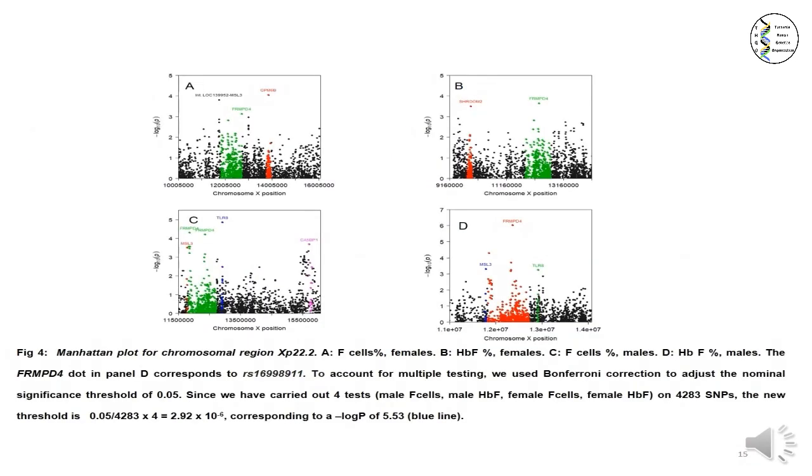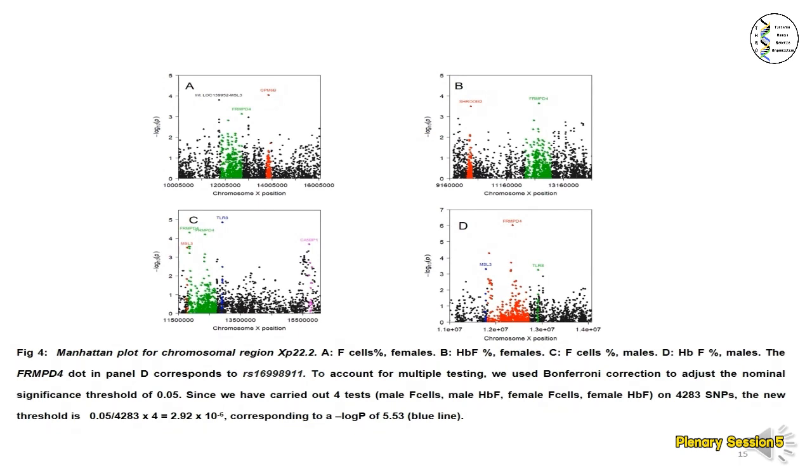We also scanned the chromosomal region of Xp22.2, which comprises over 4,000 SNPs, and we observed that 3 SNPs in males and 1 SNP in females were above a P value of 10 to the power of -4, which tagged FRMPD4, and adjacent to this were the MSL3 and TLR8 genes.